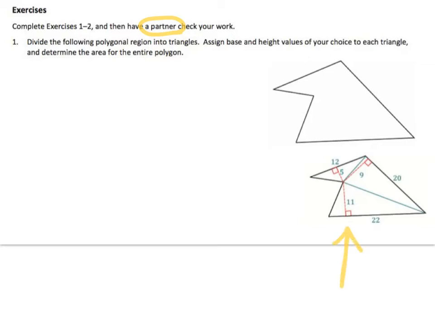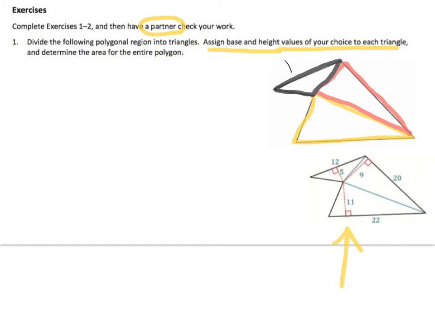That's what it asks you to do. So what we see here is I've got 1 triangle, 2 triangles, 3 triangles. There's 1, there's 2, and there is 3.